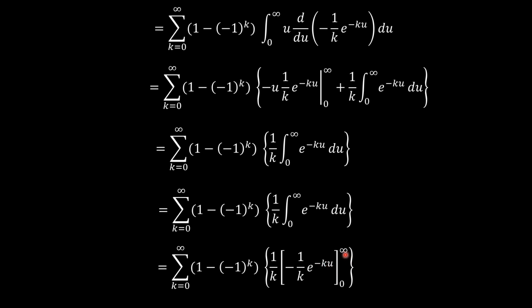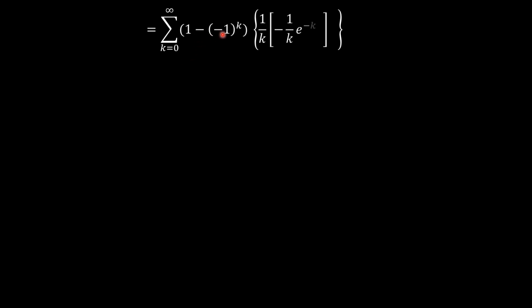And as you can see, when u tends to infinity, this tends to 0, minus when u tends to 0, this tends to 1, so we have plus 1 over k squared that is left here. And so our integral becomes the summation of 1 minus negative 1 to the power k times 1 over k squared.